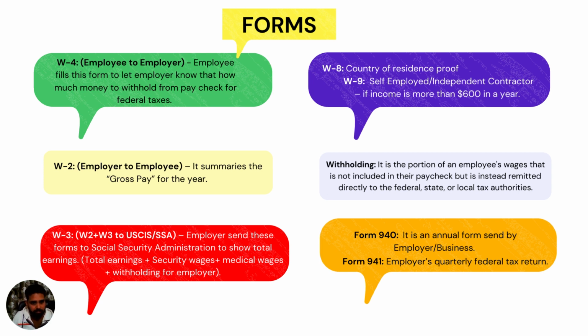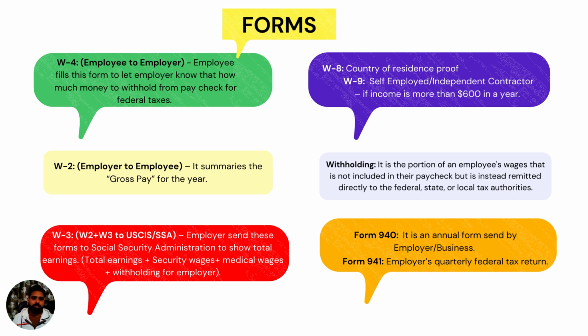So it says how much money you can save, and that you do not have to pay taxes for a particular amount. So this form says about the withholding that can be withheld from the paychecks. I will explain withholding as well.